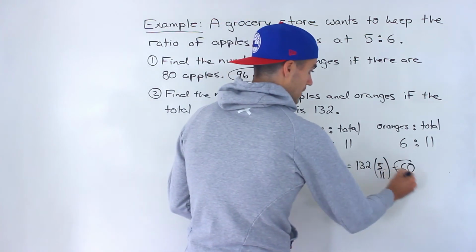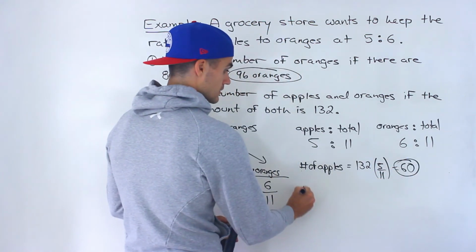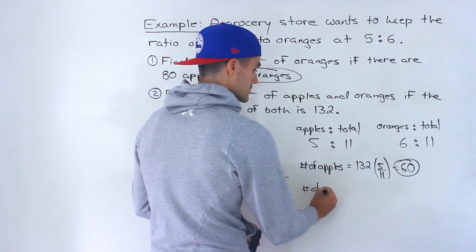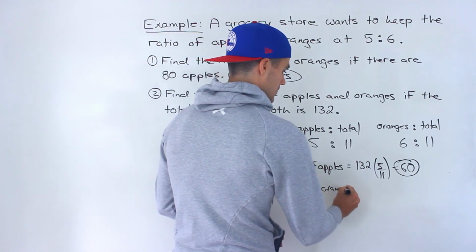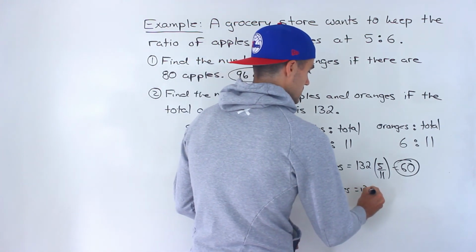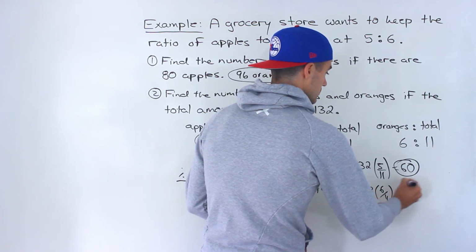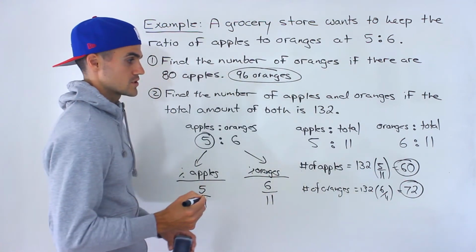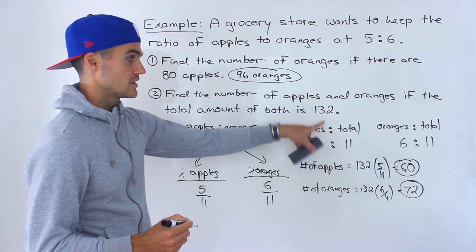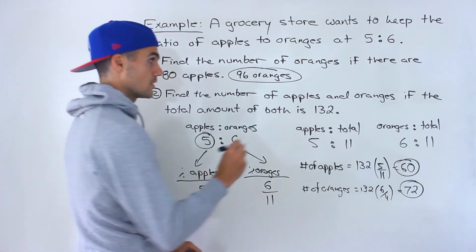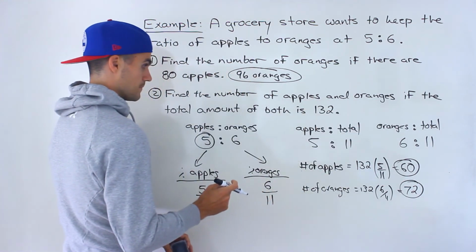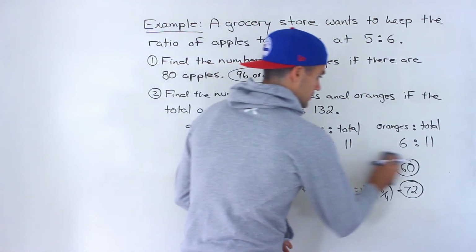So 60 apples is part of the answer. The number of oranges is 132 times 6 over 11, which would give you 72 oranges. Notice 60 plus 72 gives us 132.